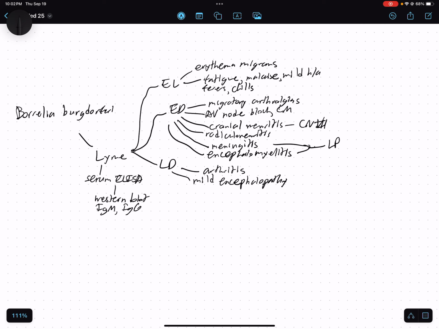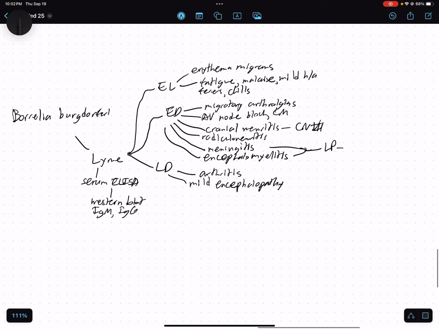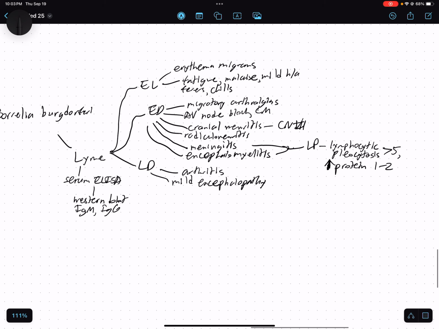So you get an LP and check the white count and all that. In neurolyme you expect to see a lymphocytic pleocytosis, typically at least greater than 5, and also an elevated CSF protein, usually 1 to 2, not typically greater than that.